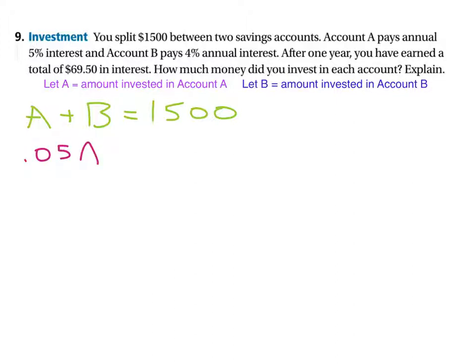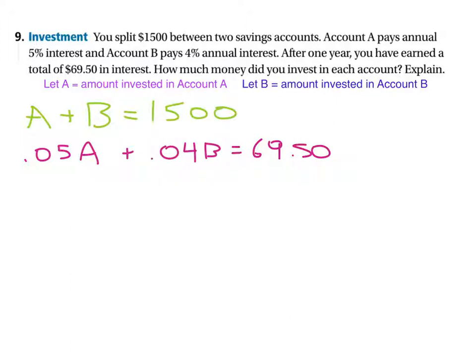If we do 0.05 times the amount in A, that tells us how much interest we get from A. Plus 0.04 times B, because that has a 4% interest. Adding those two amounts together should equal the total interest we've earned, $69.50. So those become your two equations.